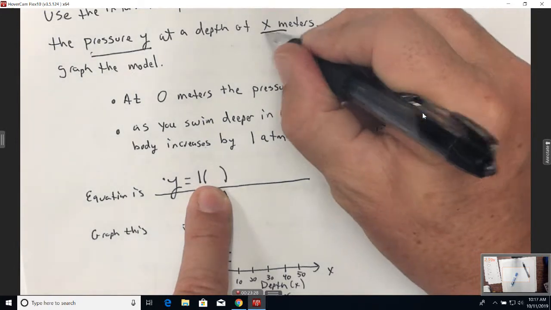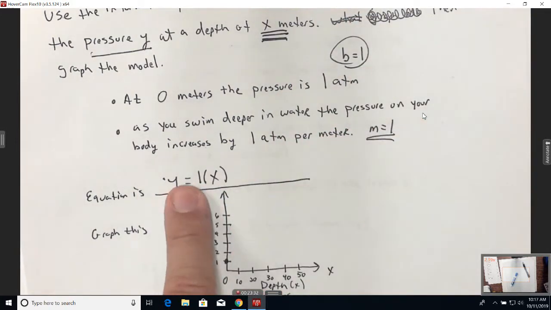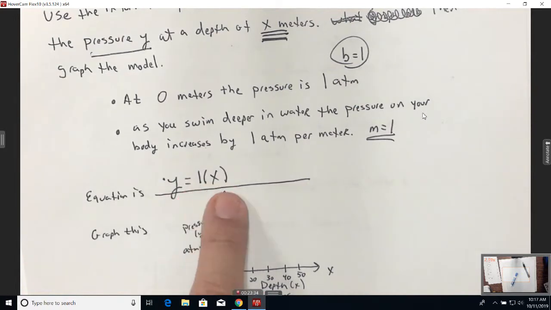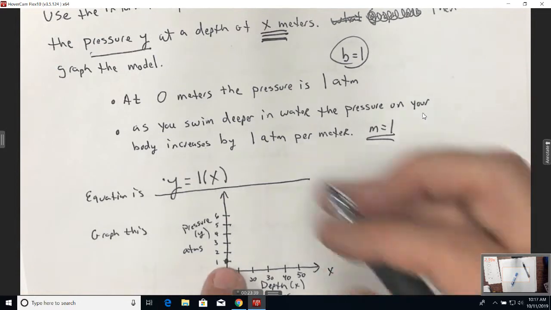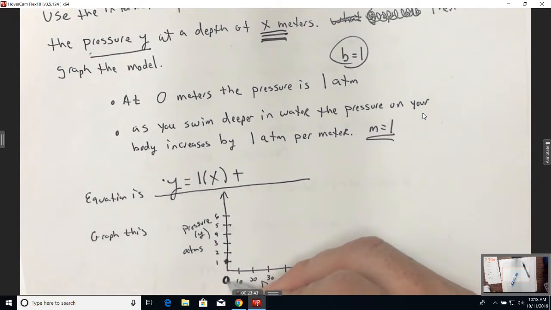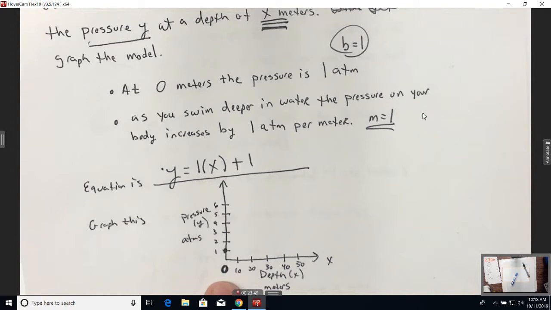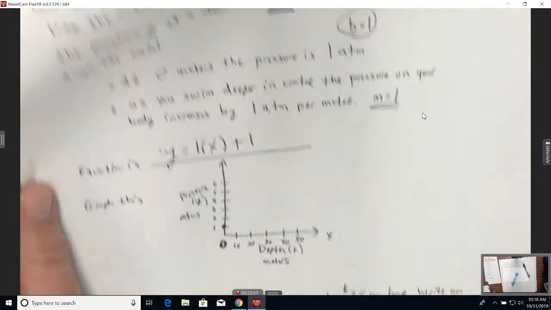And what is represented with the meters? It is X. It's 1 atm per each meter, so it's 1 times X, or 1 times the number of meters I'm going down, plus the pressure that's on my body when I'm at a depth of 0, which is 1. There's my equation. There's my function rule.